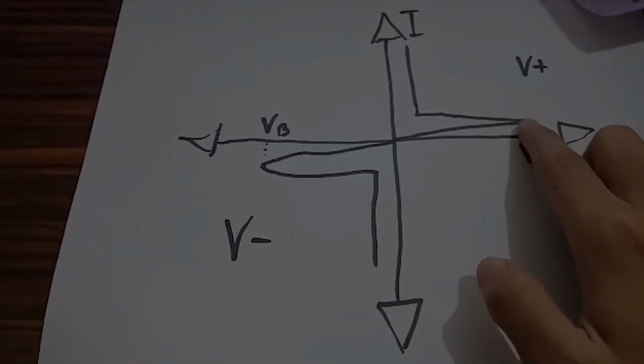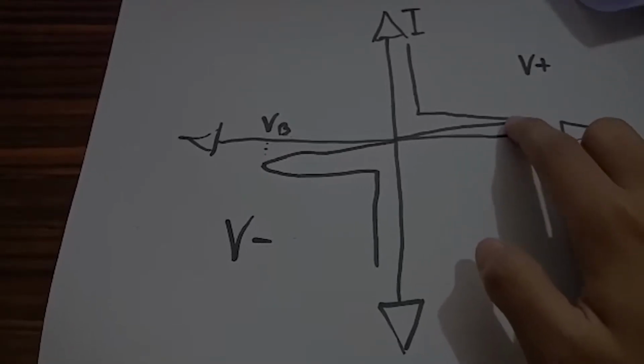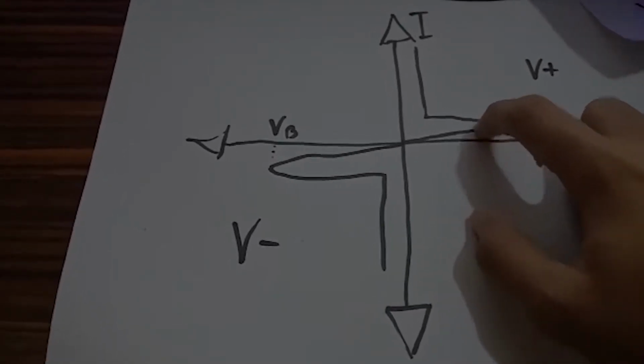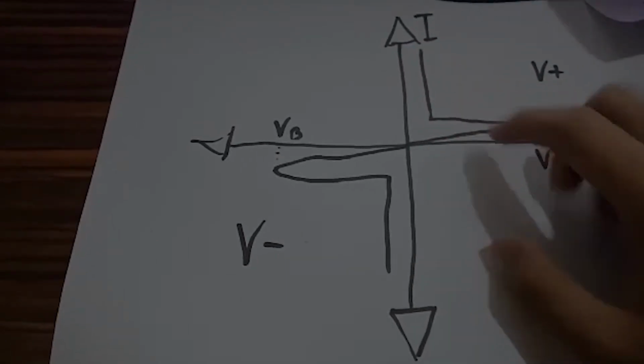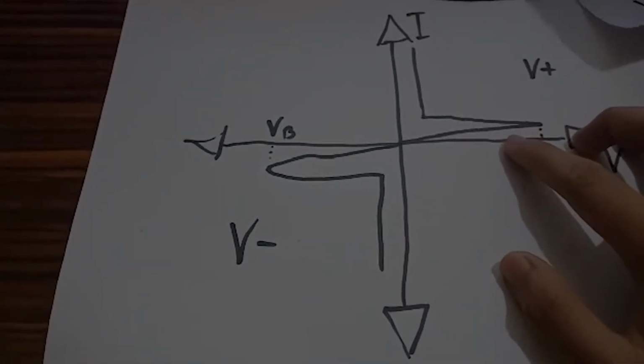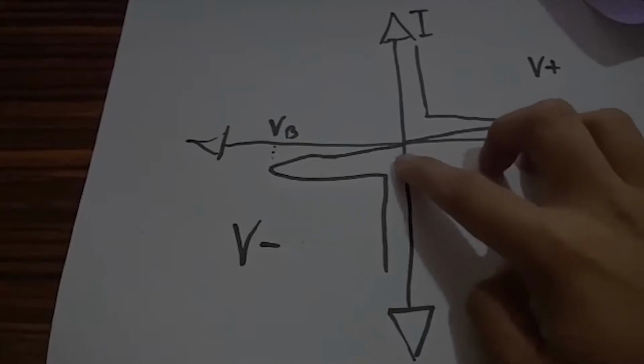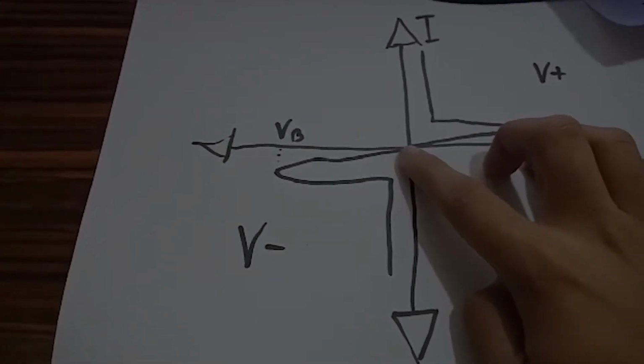Then DIAC would conduct current continuously. The same could be said when in the negative cycle.